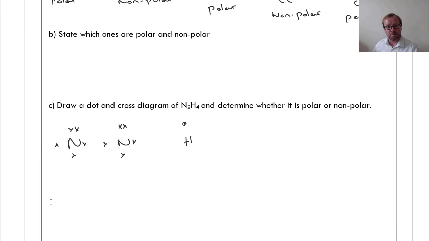Nitrogen has 1. We have 3 bonding single pairs, unpaired electrons on each of the nitrogen atoms. We have 4 hydrogens. Probably makes sense that we can bond these two up here, which means we're going to have a single bond in the middle.